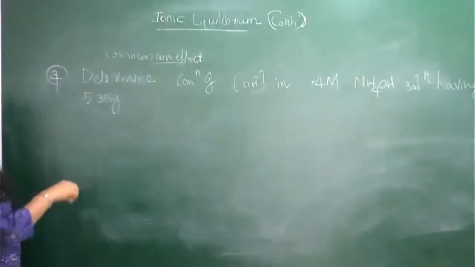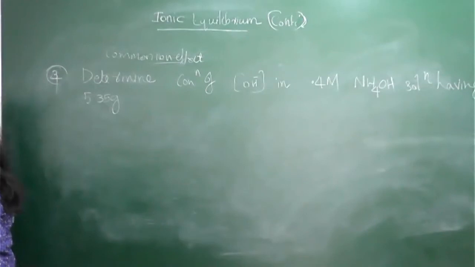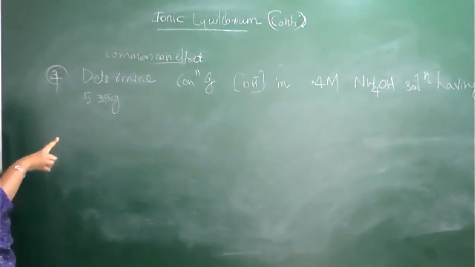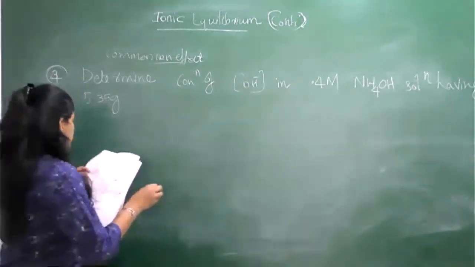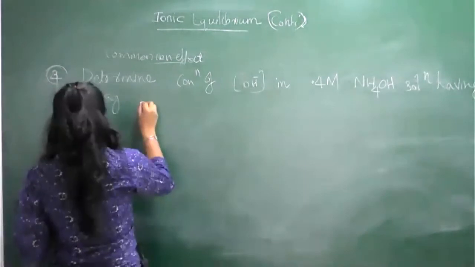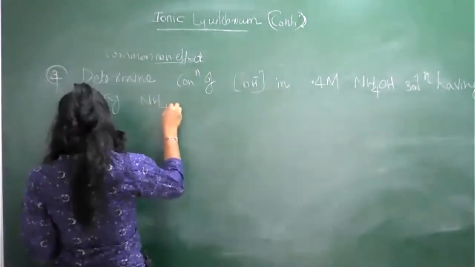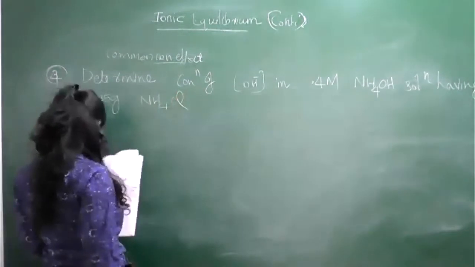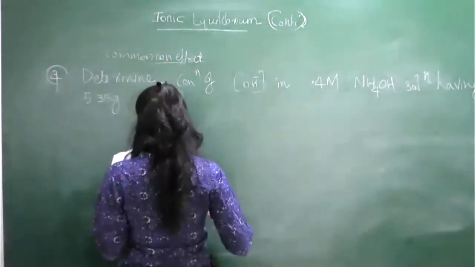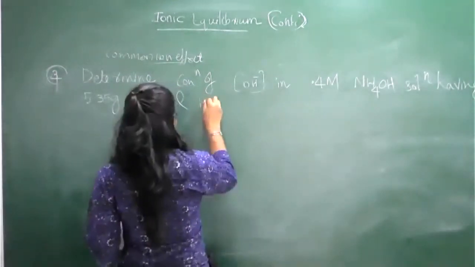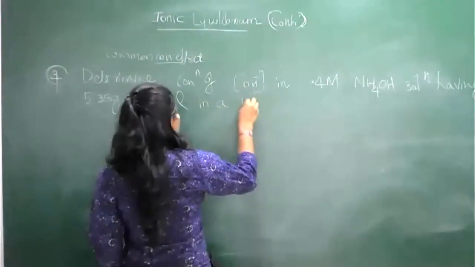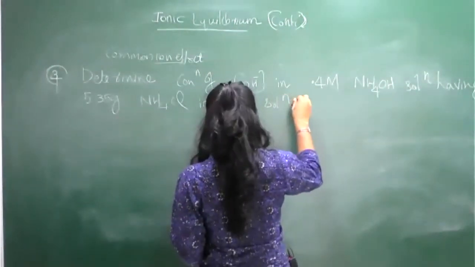They are providing you gram. What about the meaning? So you want to find out the concentration. Mass is given to you, so before that you want to find out the number of moles. This is the information provided. So 5.35 gram of ammonium chloride, NH4Cl, in a 1 liter solution.